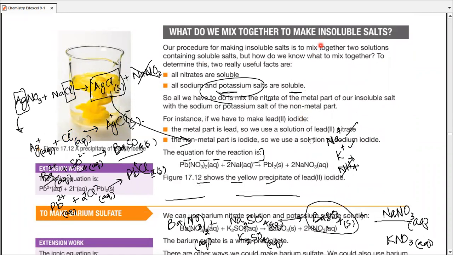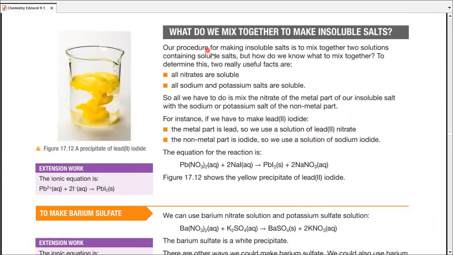Now, they come up with a salt. Let's say you're supposed to find lead(II) iodide. Lead is a positive ion, iodide is a negative ion. So the negative should be combined with sodium. The positive should be combined with nitrate. So you start with lead(II) nitrate, which is soluble, and sodium iodide, which is also soluble.